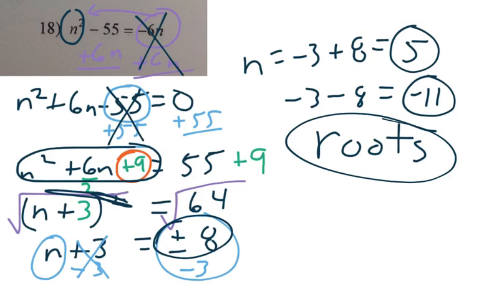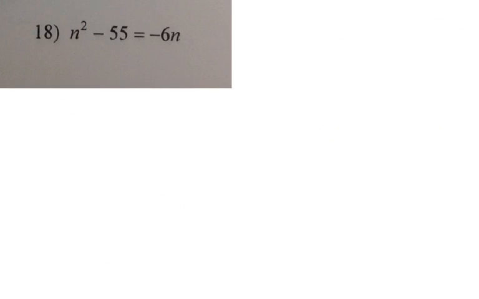Okay, so what I want to do, however, guys, is just remind you of something. Let's start over. Notice I have the exact same problem, and let's go ahead and add 6n to both sides again. Does everybody agree we're back to n squared plus 6n minus 55 equals 0?